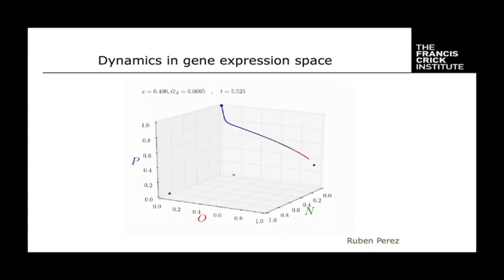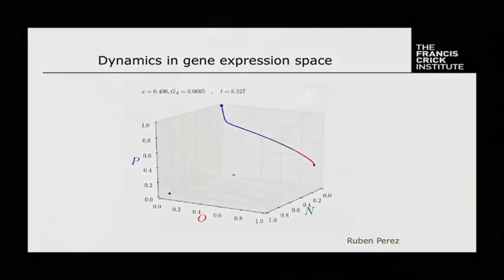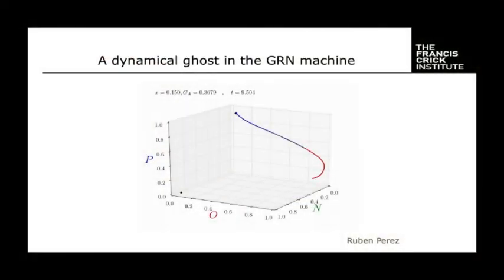However, what happens if we simulate this with those higher levels of signal that result in eventually NKX22 induction? What we notice is that instead of the system moving directly from PAX6 expression to NKX22 expression, the system initially moves towards where the OLIG2 steady state would be expected to be, but it's not there, right? So you've got a high level of signaling.